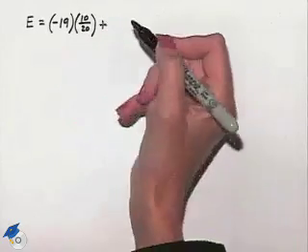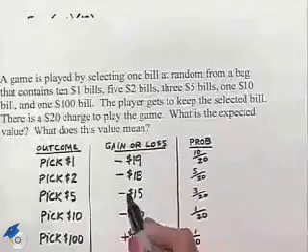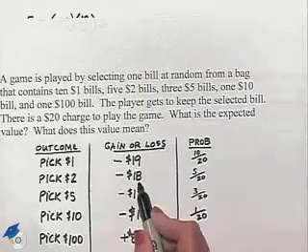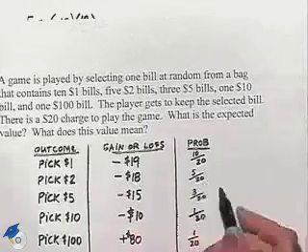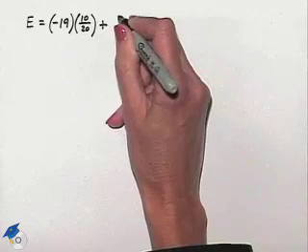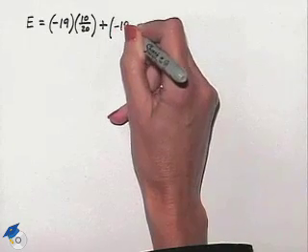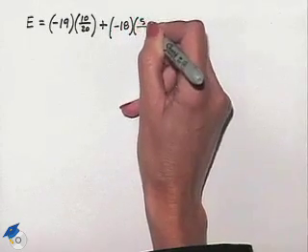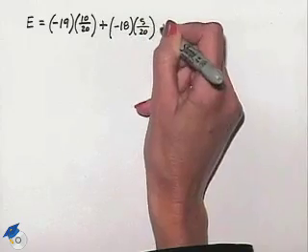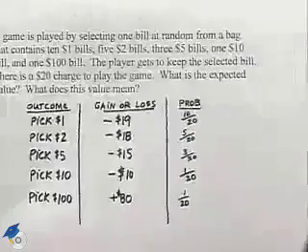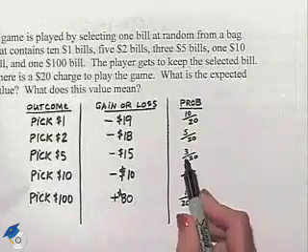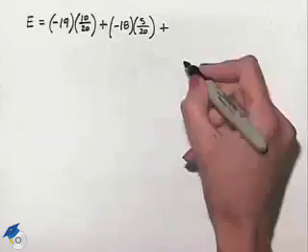We're going to add to that, along our second row, we have a value of negative $18, and that probability is 5/20ths. Continuing on in this fashion, go to the third row. We have negative $15 times 3/20ths.